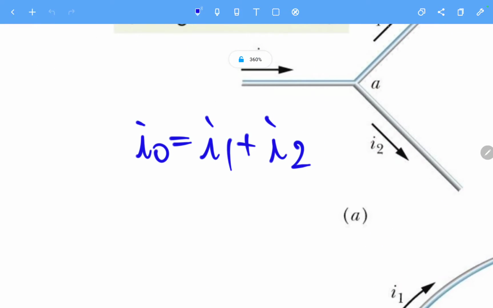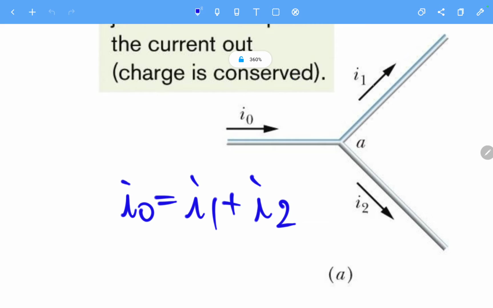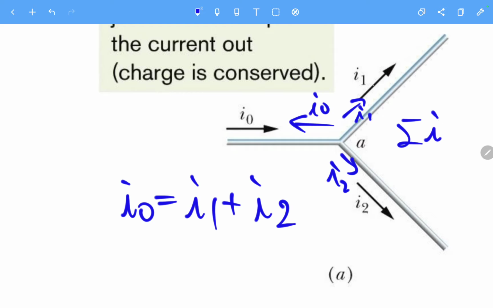Usually I will define all the currents going out, and then all the currents going out sum to zero. It will actually be the same, because you can define I0 as going in or going out. So whenever I use this, I just define all the currents as going out or all as going in, and then they sum up to zero.